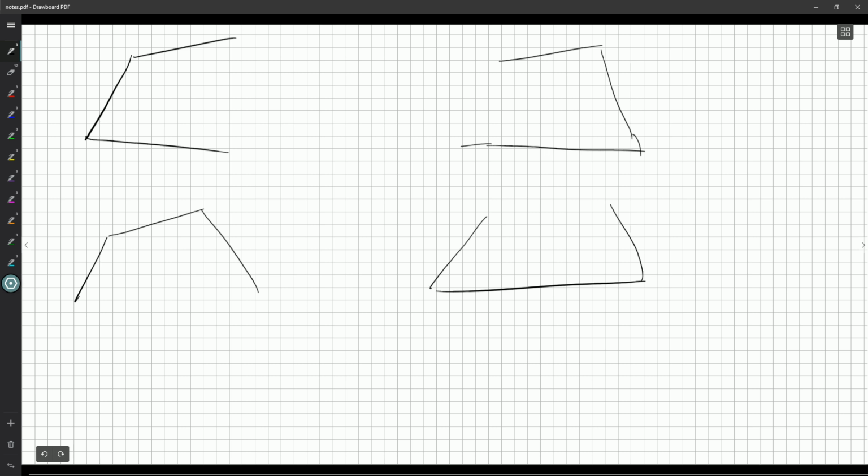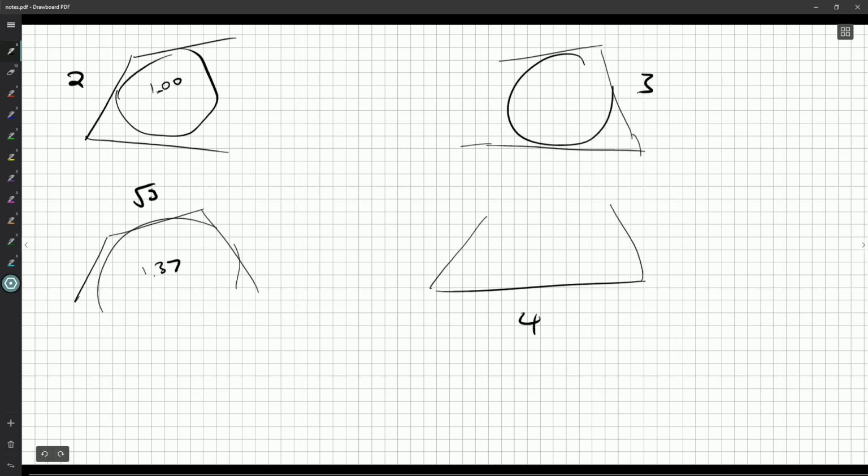Okay? So we got a circle with the 2 here, the root 3 here, 3 here, and a 4 here. So radius of 1 here. Now, at worst, that's our answer. At 1.00. Here it was a circle of radius 1.37. Can't remember what these ones were.